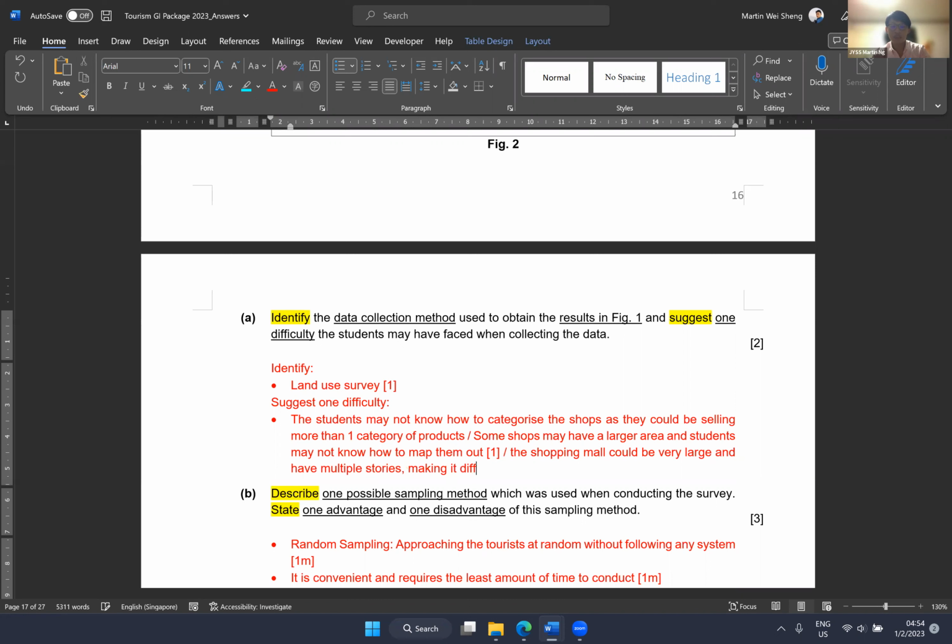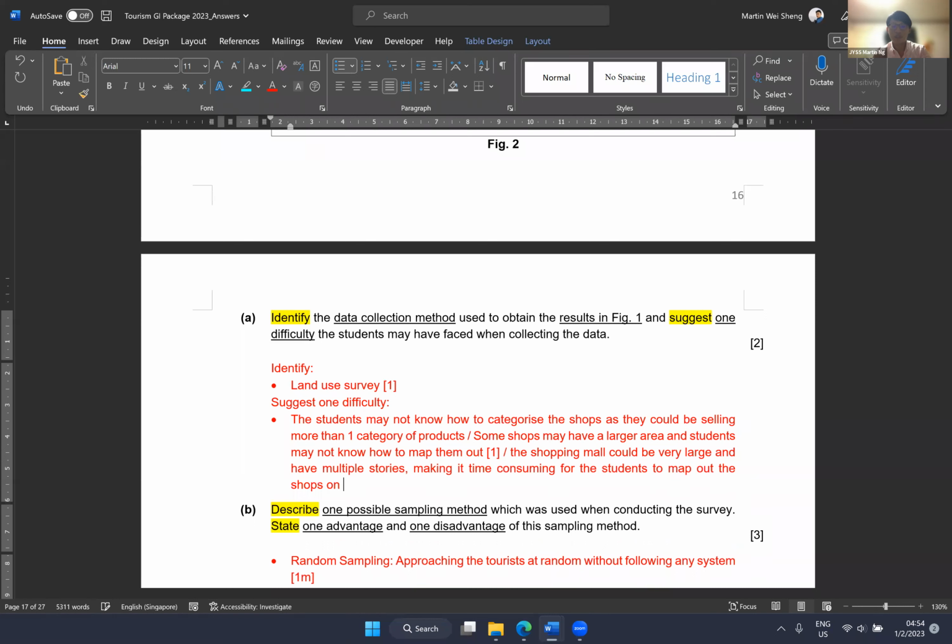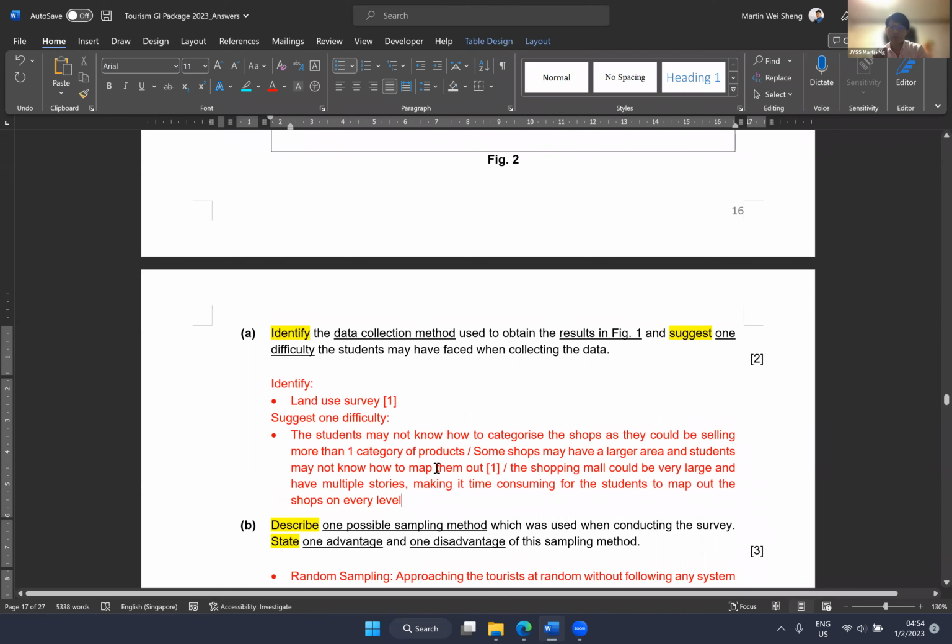Making it time consuming for these students to map out the shops on every level. They might need to take, say, 1 to 2 hours just to walk on every single level to count the shops in it. So these are some of the possible difficulties.